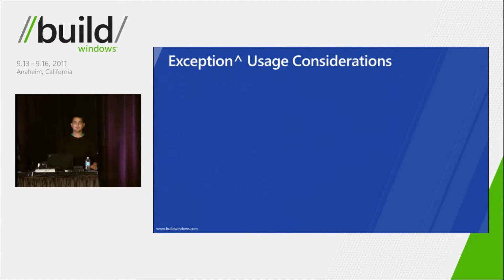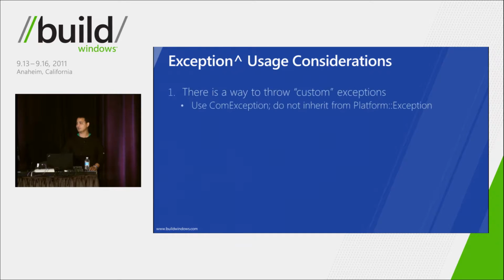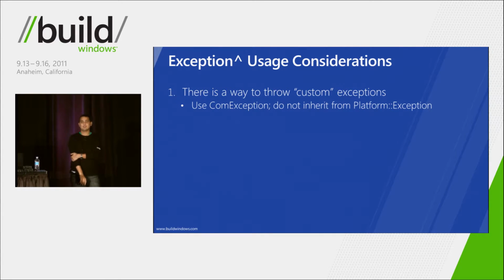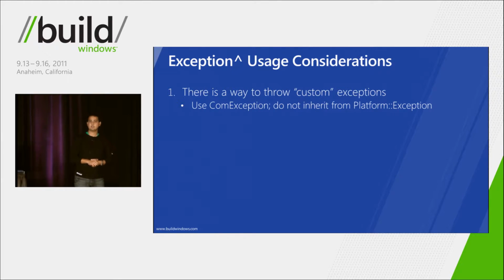Things to know when you're using exceptions. There is a way to throw custom exceptions. Thanks for asking your question. You cannot create a custom exception. You cannot inherit from Platform::Exception. This was a very common question: people would ask, can I create my very special exception that inherits from Platform::Exception? No, you cannot.